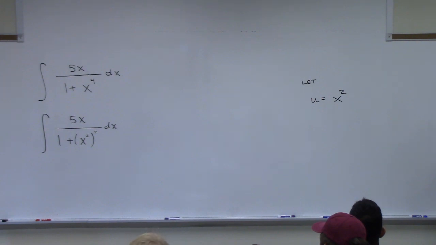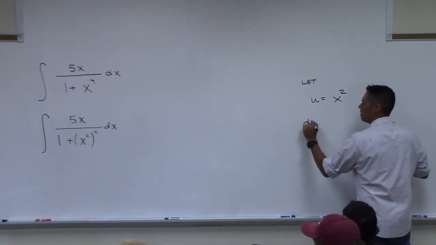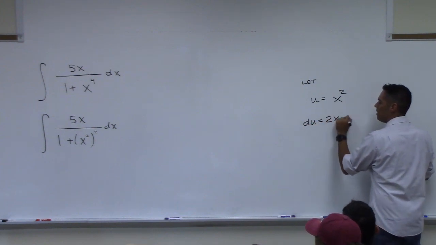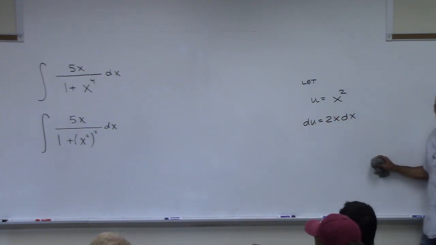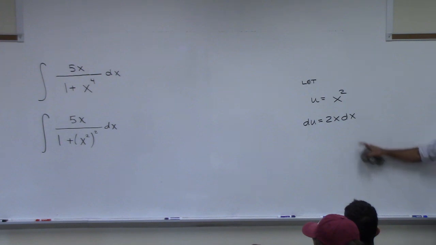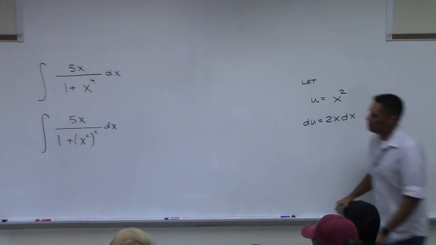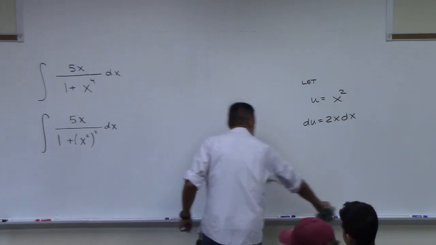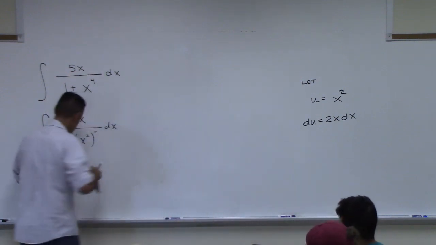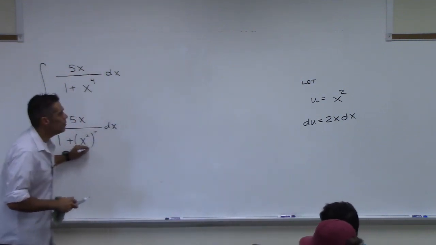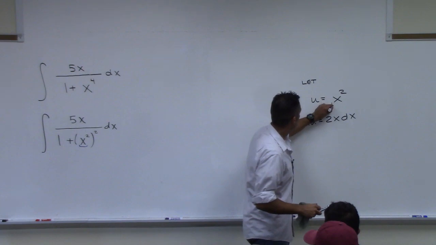All right. So now next step here would be du is 2x dx, right? Do I have a 2x dx there? So let me see. What you're saying so far is that this, just that, will be replaced with u, right?